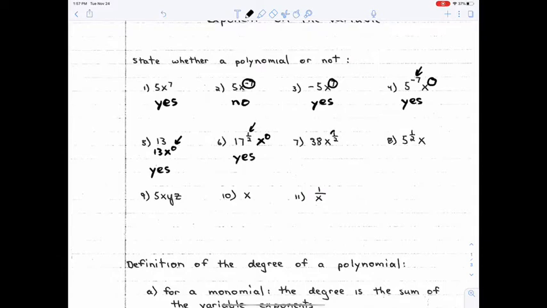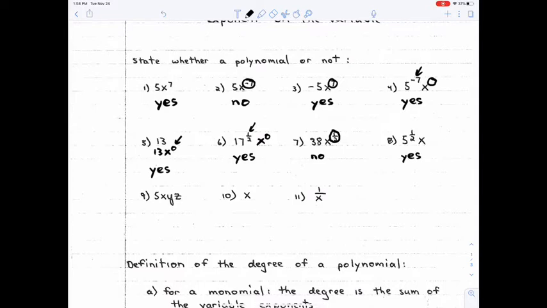Now this one, though, is on the variable, so this is not a polynomial, because whole numbers do not include fractions or decimals. What's the variable exponent on number 8? It's x to the first power. It's understood, so that is a polynomial. The 1/2 doesn't matter because it's not on the variable.